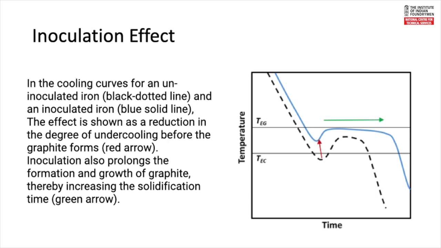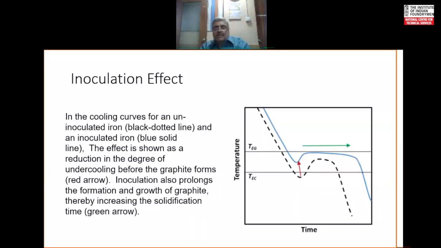Okay, so the effect of inoculation is simple: reduce the undercooling tendency of the iron by providing external nuclei which are of the right type, so that the graphite or carbon will deposit on those substrates in the form of graphite rather than combining with iron as cementite.